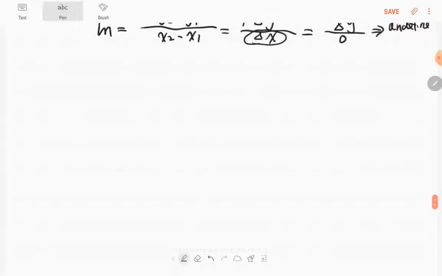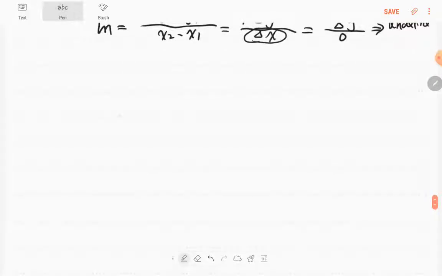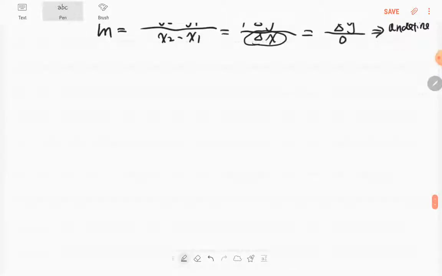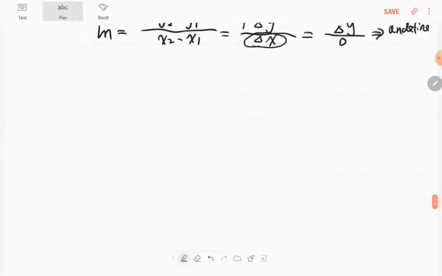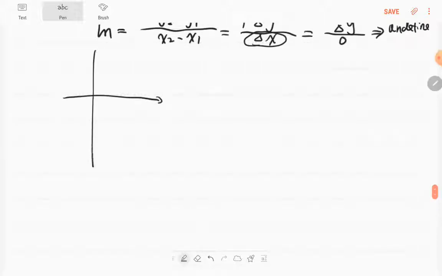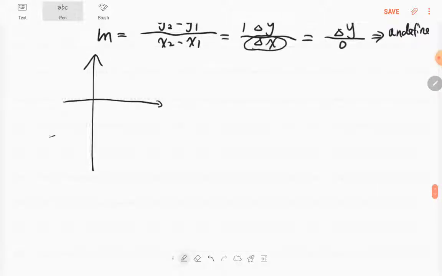So we will have different kinds of slope. Let's give it a summary. We have 4 kinds of slope. The first one, we said it's upward. Upward goes up, then m is a positive number.